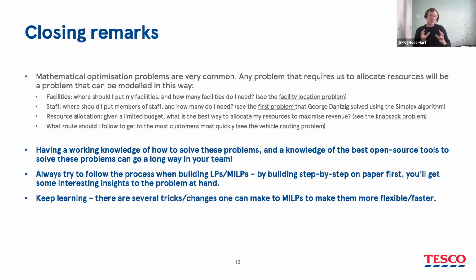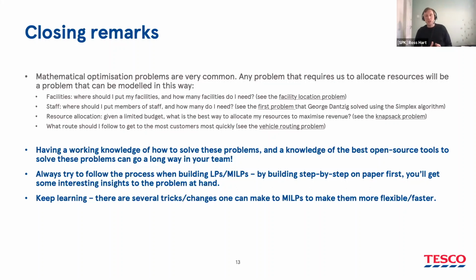Now, the reason I've highlighted these 4 problems is that what I've found over the past few years is that even though problems can come in so many different flavors and have slightly different things that go into them, really a lot of them are covered by these basic problems or are extensions of these basic problems.